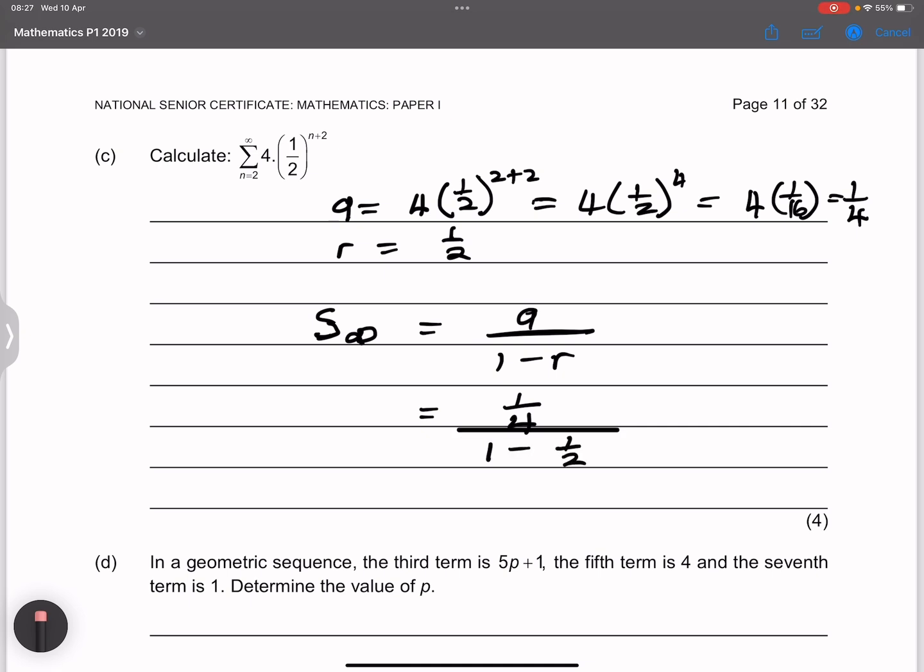This is the same as saying 1 over 4 divided by 1 over 2. You would note this is the same as saying 1 over 4 multiplied by 2 over 1, and so that gives us 1 over 2. All right, so that is what we get.